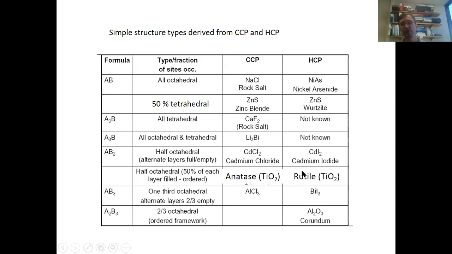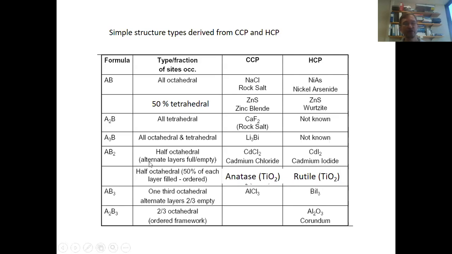We have learned that the rutile is slightly more stable than the anatase because in the rutile structure, there are only two edges shared; the TiO6 octahedra share two edges with each other, while in the anatase structure, there are four edges shared, and that's not quite as favorable.